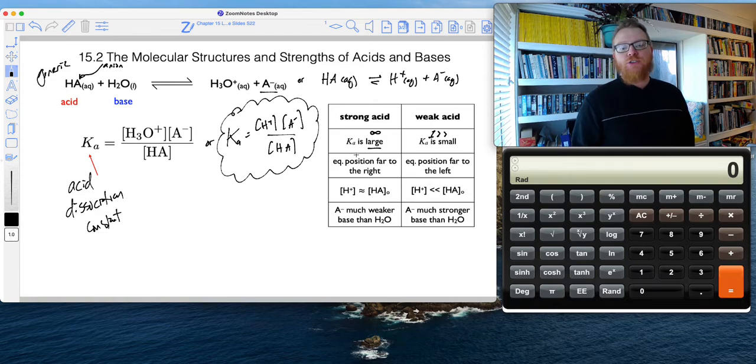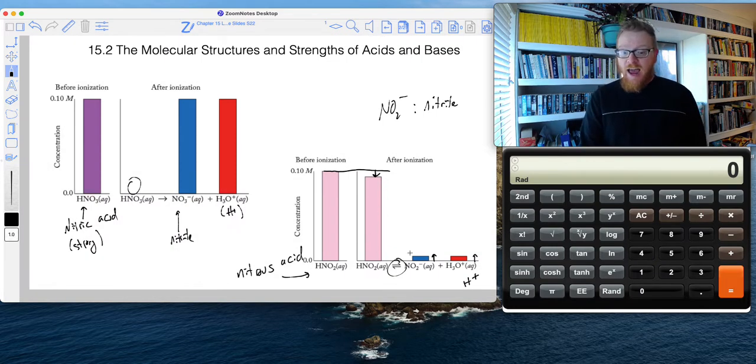So that means for a strong acid, the equilibrium position is far to the right. So that means it reacts to completion. But in a weak acid, the equilibrium position is far to the left. And I'm just going to back up here to this one slide. So that's what we see right here. Okay? With this strong acid, there's nothing on the left-hand side. So that means our position is on the right.